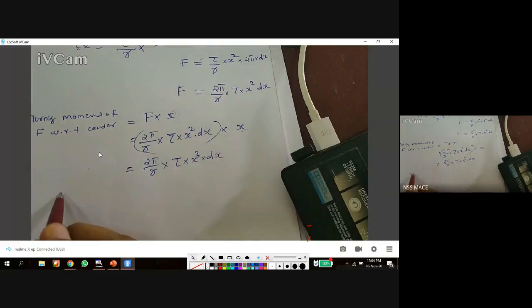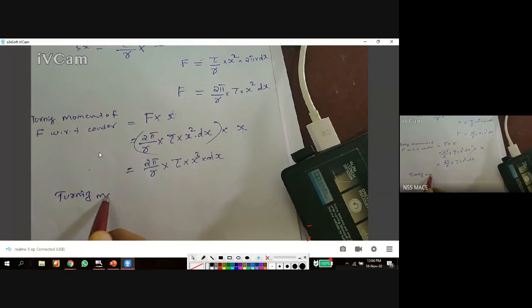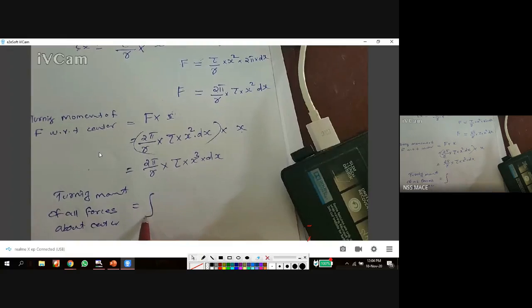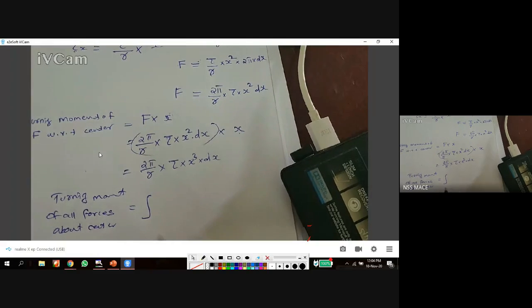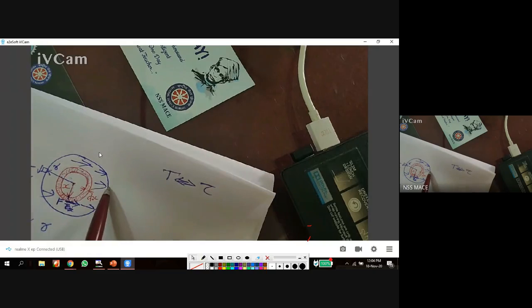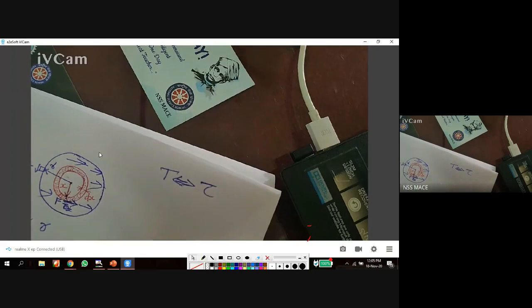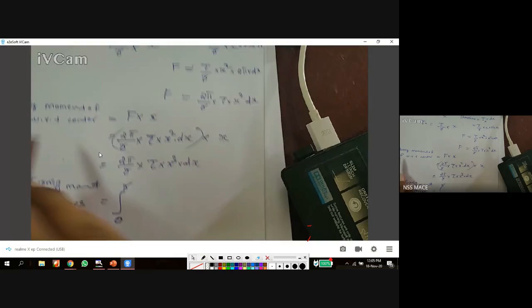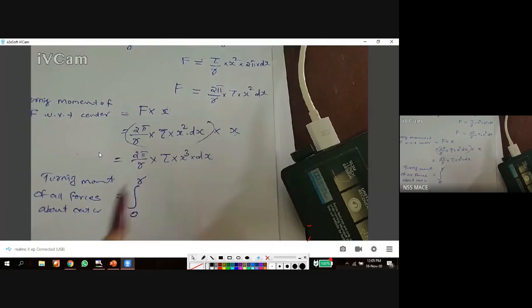So turning moment of all forces about center is equal to integral of, what is the range? 0 to r, അതല്ലേ, റേഡിയസ് അല്ലേ? ഇവിടെ മുതൽ ഇവിടെ വരെ, all forces from the center to surface. അപ്പൊ ഇന്റഗ്രലിന്റെ റേഞ്ച് 0 to r. So integral 0 to r. അഗൈൻ ഇത് ഒരു സിംഗിൾ ഫോഴ്സിന്റെ. അപ്പൊ ഓൾ ഫോഴ്സസിന്റെ വരുമ്പോൾ ഇതിന് ഇന്റഗ്രേറ്റ് ചെയ്യണം with respect to r.